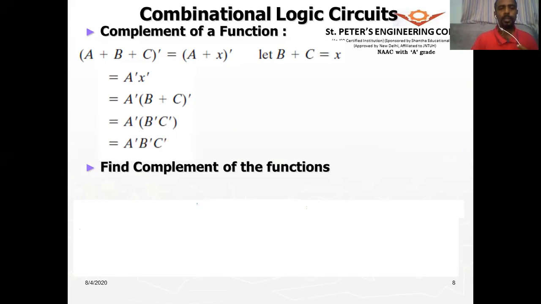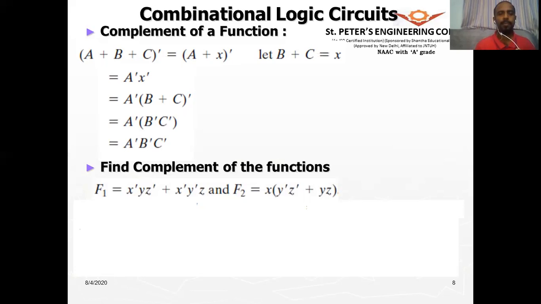So now let us solve some problems. Find the complements of these two functions: f1, which is equal to x complement y z complement OR x complement y complement z. That is the first function, and f2 is the second function. Let us take one by one. First we want to find f1 complement. So f1 complement is to take the f1 function and apply the complement to the whole. Wherever there is an AND operation, it will be turned into an OR operation, and wherever there is an OR operation, that will turn into an AND operation.